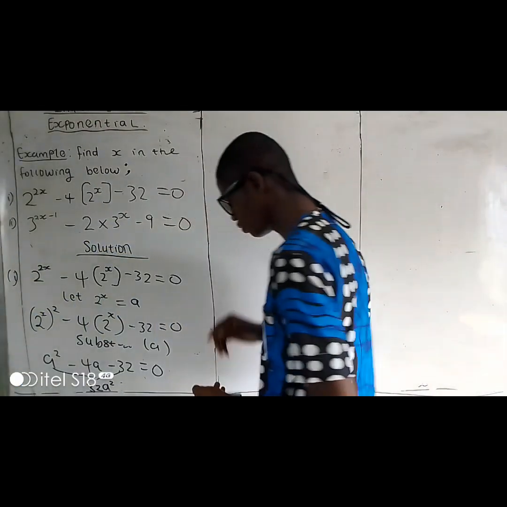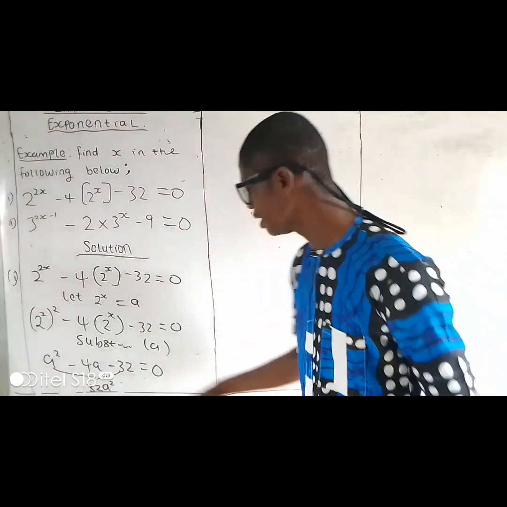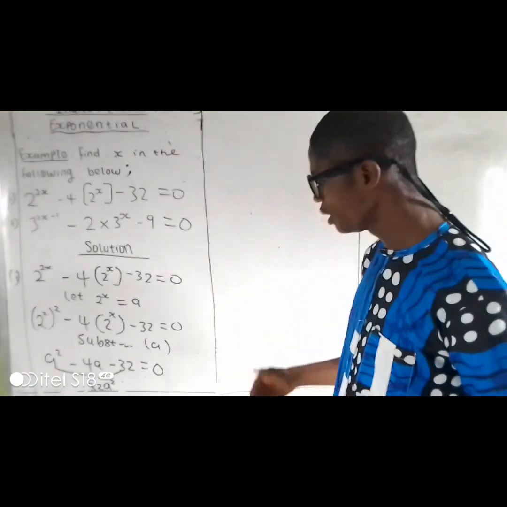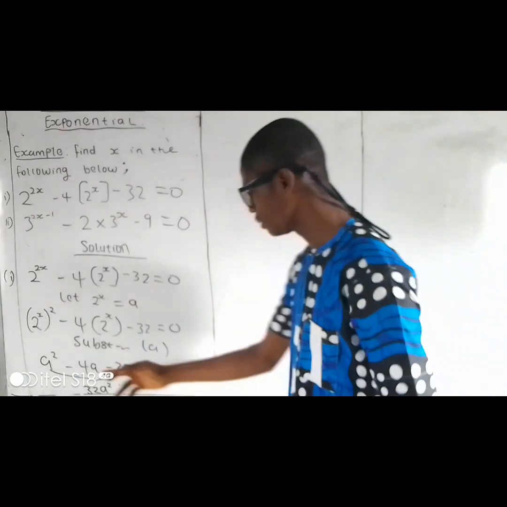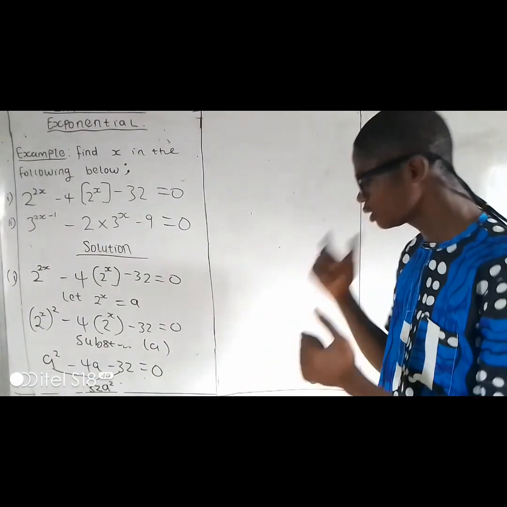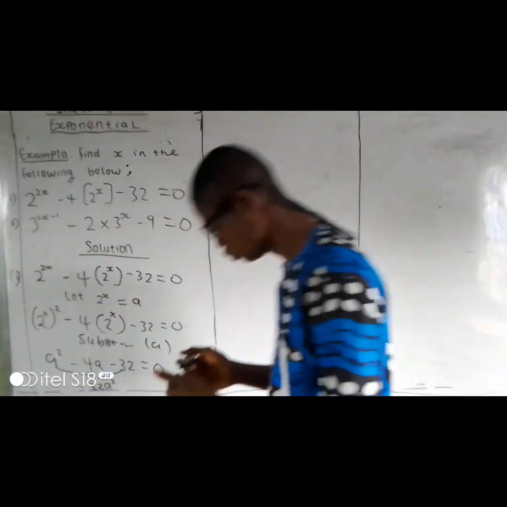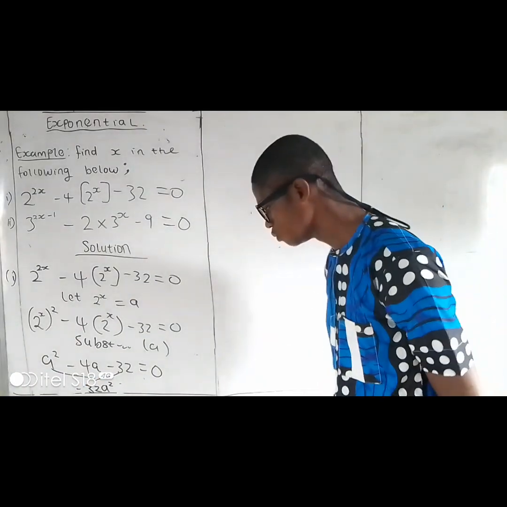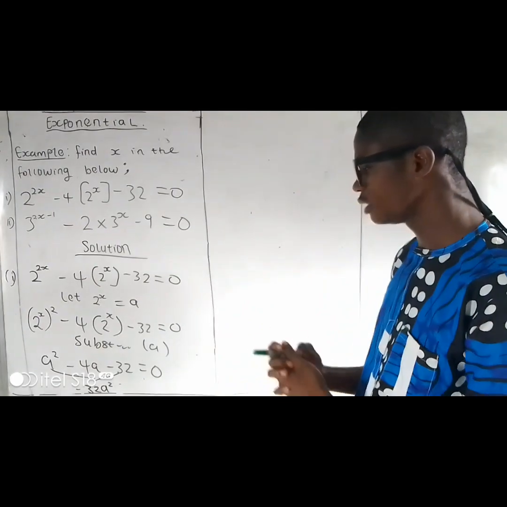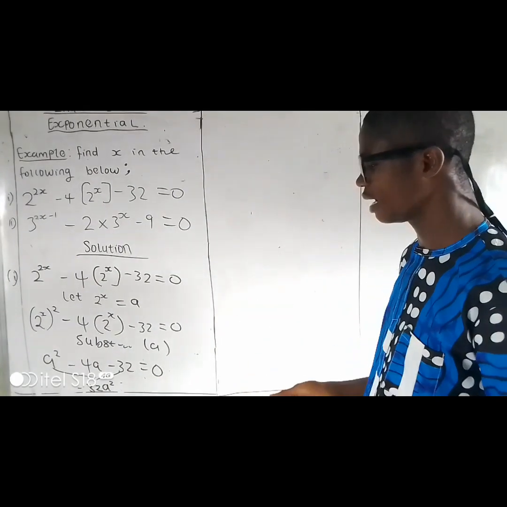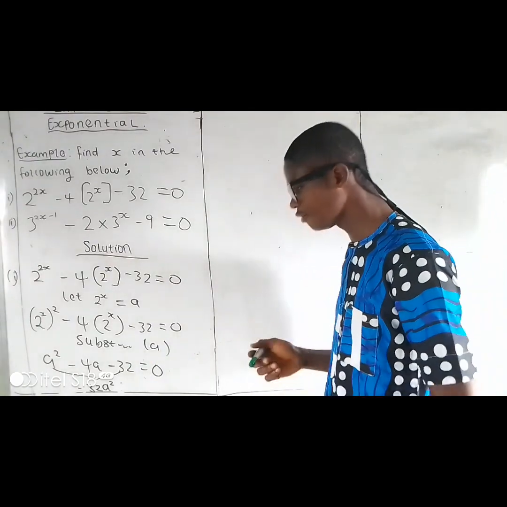Now let's see how to solve this. We'll find two values which when we multiply them together we have this, and when we subtract or add them we have this value. So what is that value? When you multiply, remember this one is minus 32. Then when you subtract or add you have that. And you discover it's simply 8 and 4.